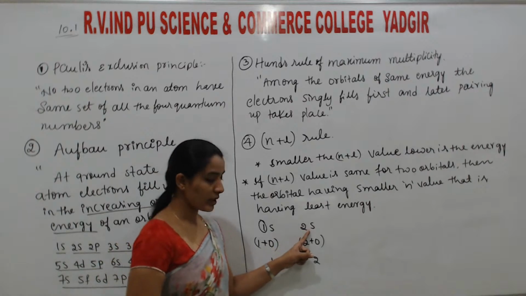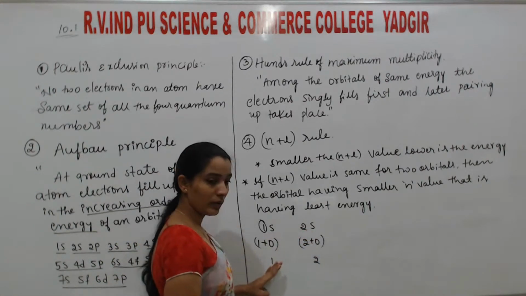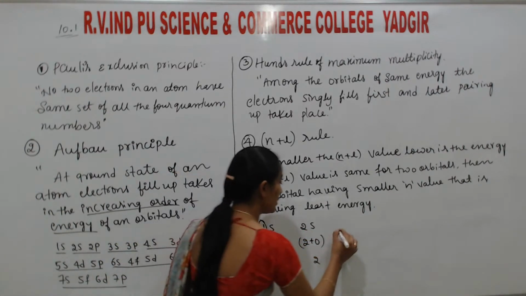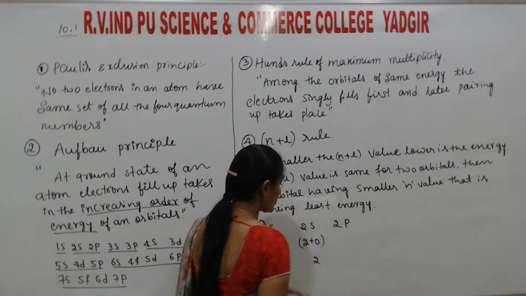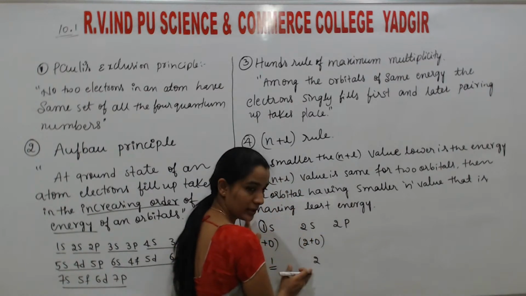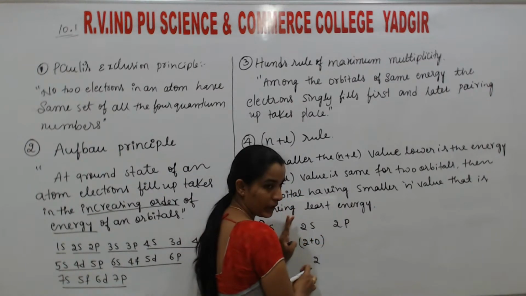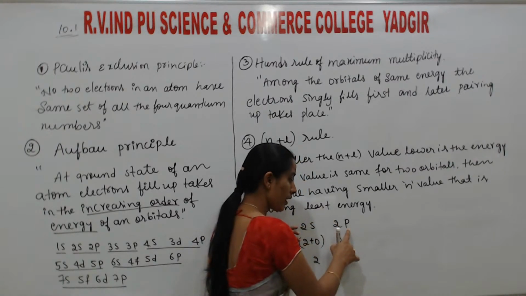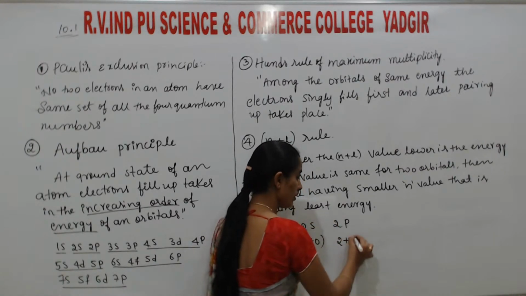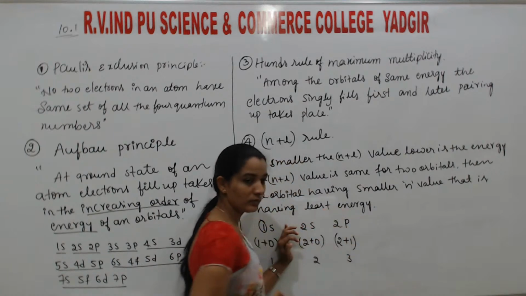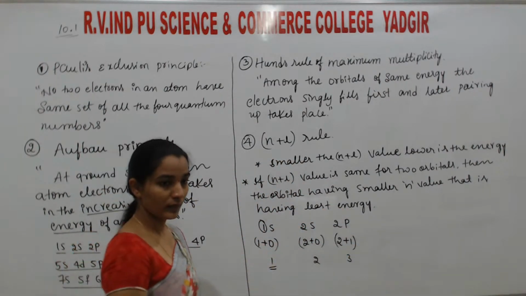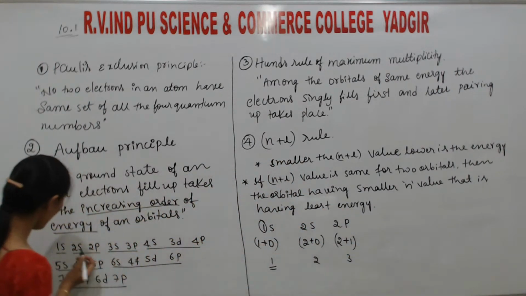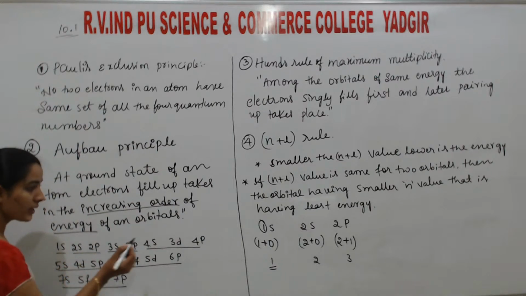Next, we did 1s, so consider 2s and 2p. Here 2s we already discussed. For 2p, the principal quantum number n value is 2, and for a p orbital the l value is 1, so it is 3. Correct? So that's why after 1s, 2s, 2p is going to fill up.